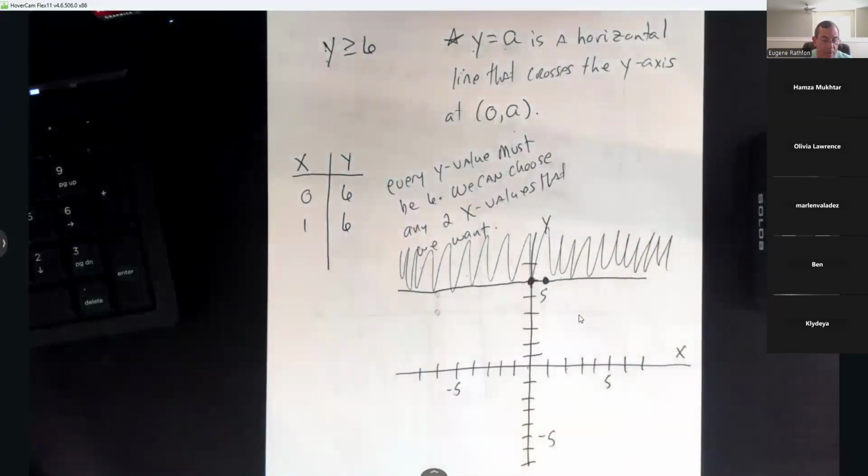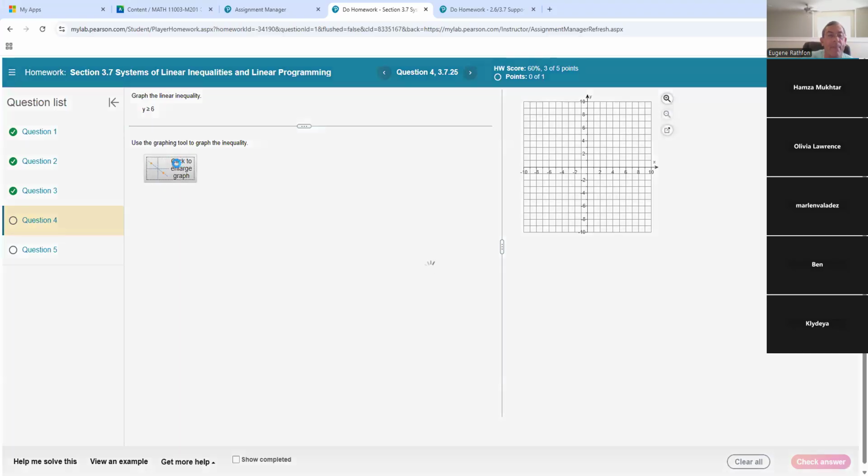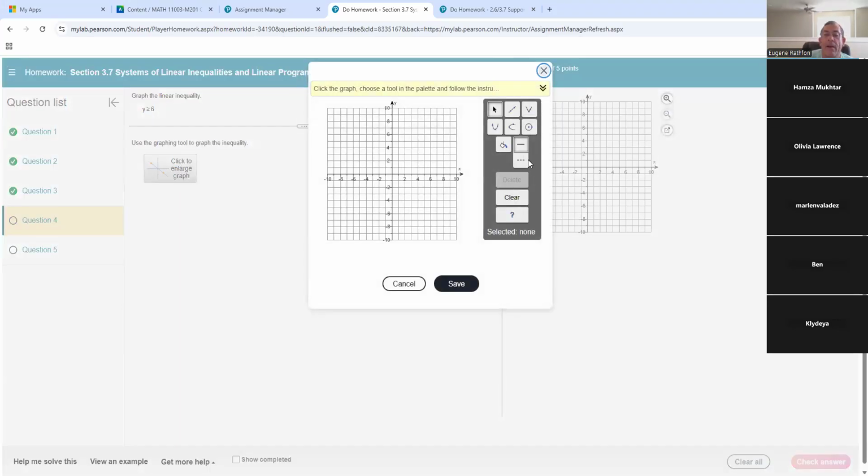All right, y'all, so we would go plot that real quick in MathLab. So I'm going to click the enlarge graph. All right, so I'm on solid line by default. I'm going to choose the 2-point line tool. And then since it's y greater than or equal to 6, I'm just going to go up to 6 on the y-axis, click.